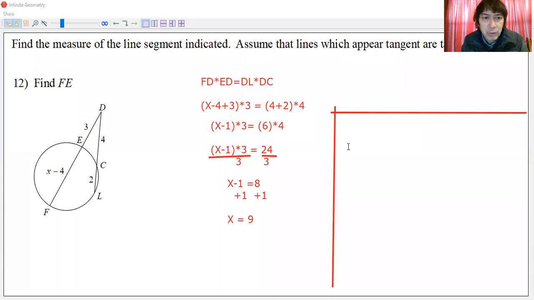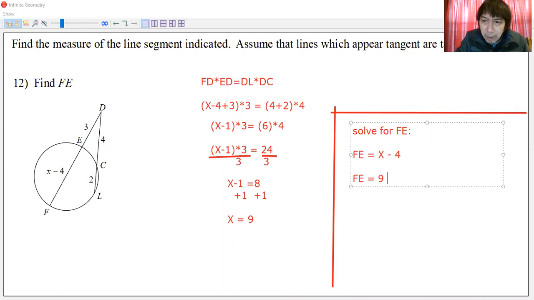So this will now be solved for FE. What's FE equal to? FE is just x minus 4. So our FE is equal to 9, the equivalent of x minus the 4.